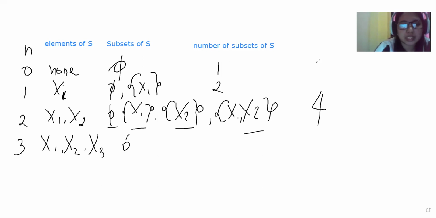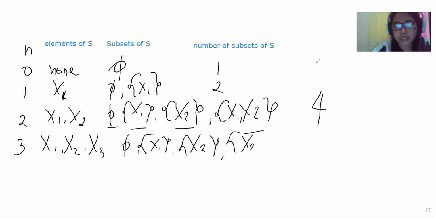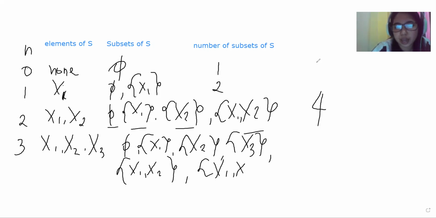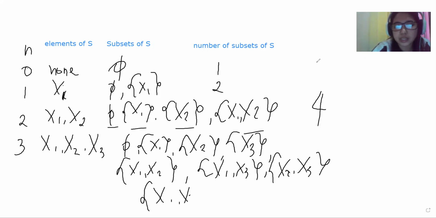We have the empty set, then x sub 1, x sub 2, x sub 3, a set with x sub 1 and x sub 2, a set with x sub 1 and x sub 3, a set with x sub 2 and x sub 3, and a set with x sub 1, x sub 2, and x sub 3 together.